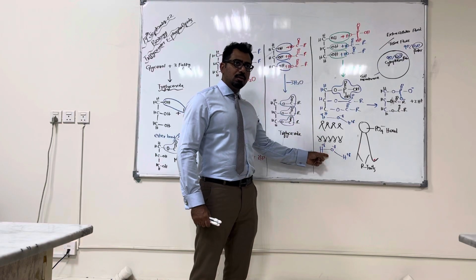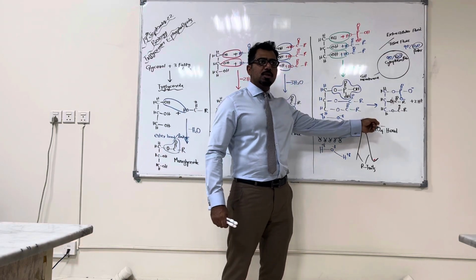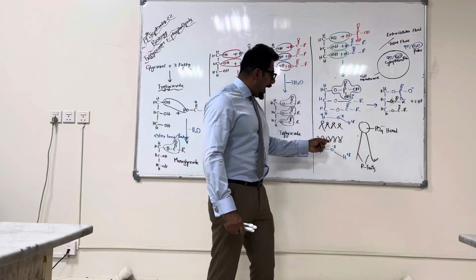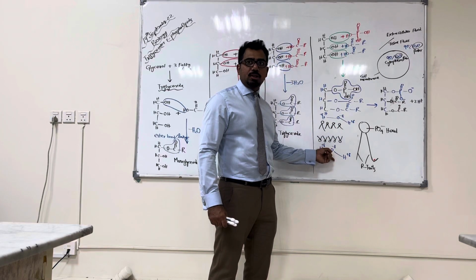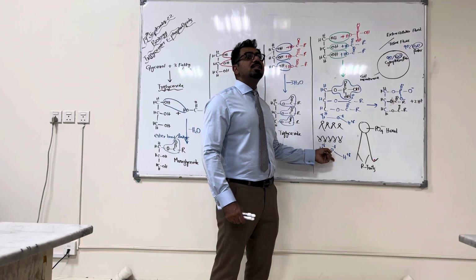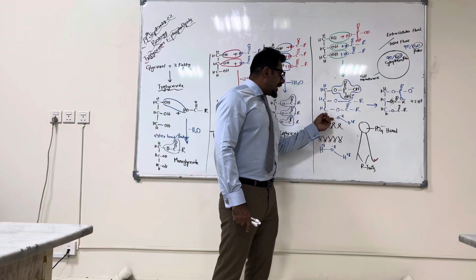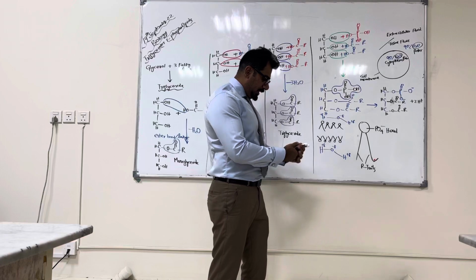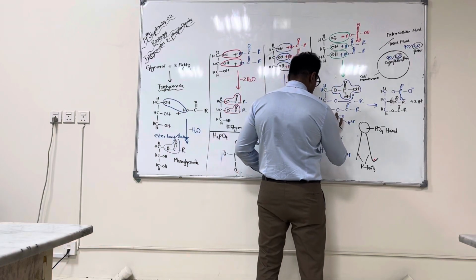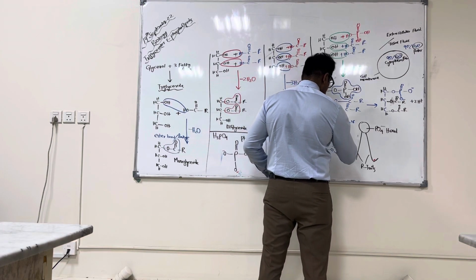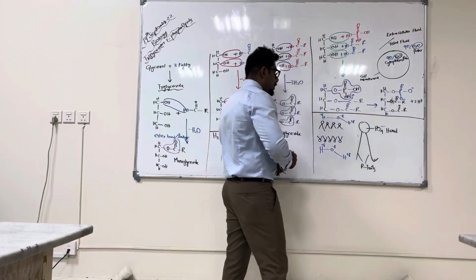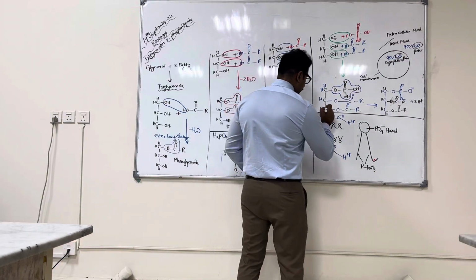Look here. Water is polar, and the head of the phospholipid is polar. So heads will be attracted towards the water. So heads will be facing the cytoplasm. This is extracellular fluid. Let me draw a line over here and let me write H over here.